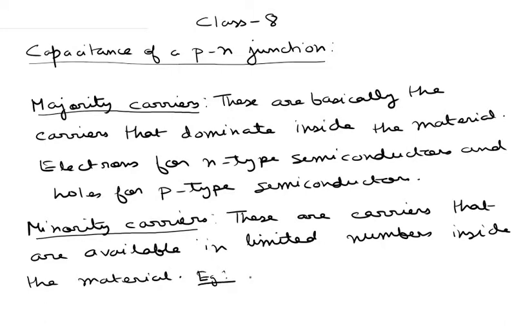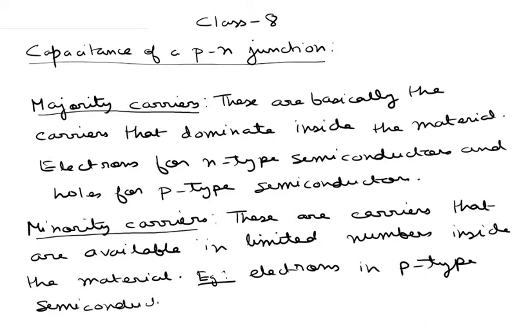Example, electrons in p-type semiconductors and holes in n-type semiconductors.